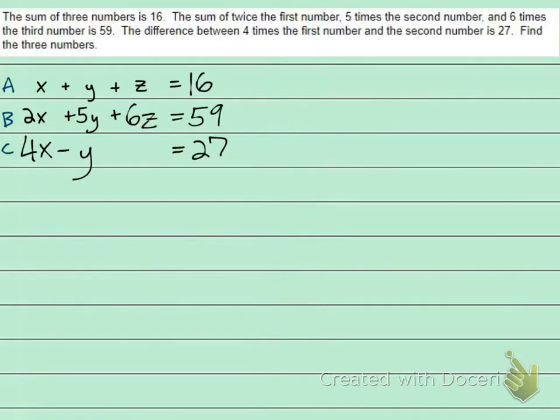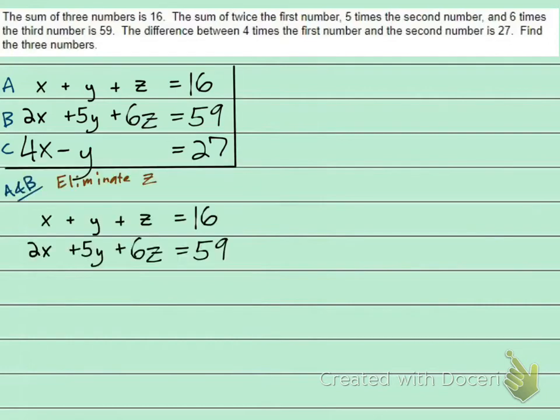So let's look at A and B, and remember I'm going to eliminate z. So here are our A and our B. We want to eliminate z. So if we add them together right now, would our z go away? No. We'd have 1z plus 6z gives me 7z. So it doesn't cancel out.